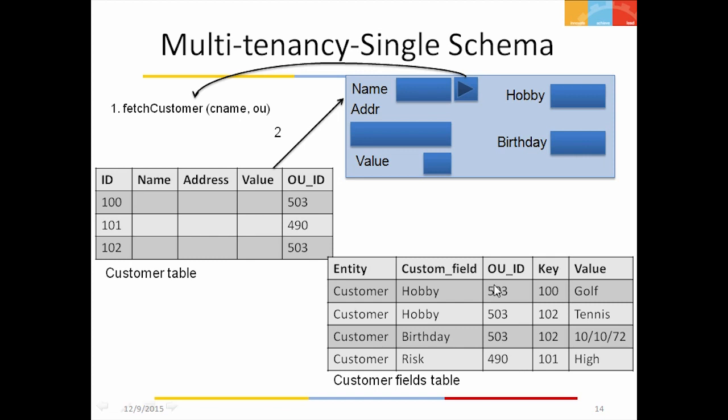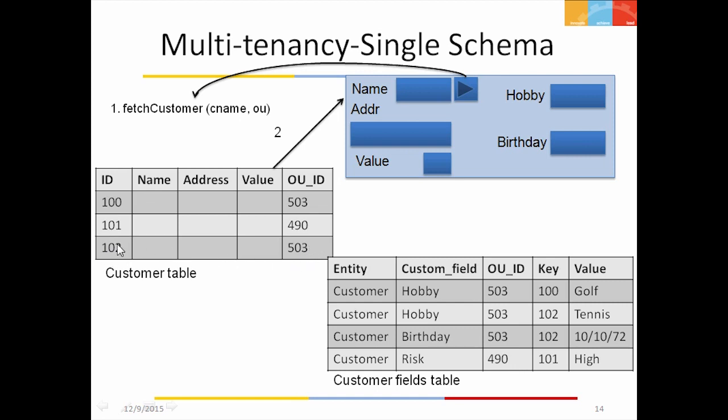So it becomes a kind of complicated join. Suppose the customer is 102, let us say.